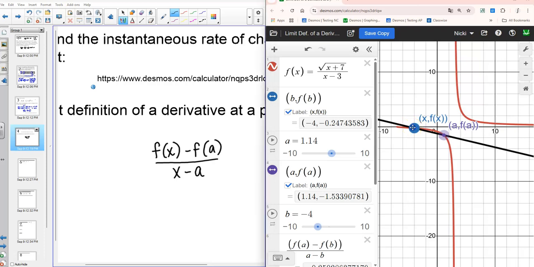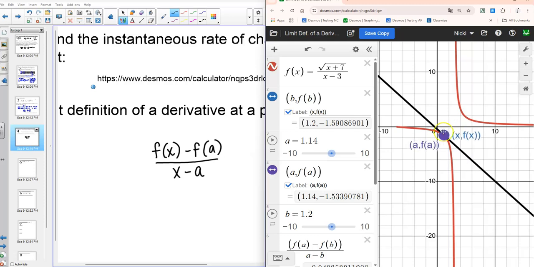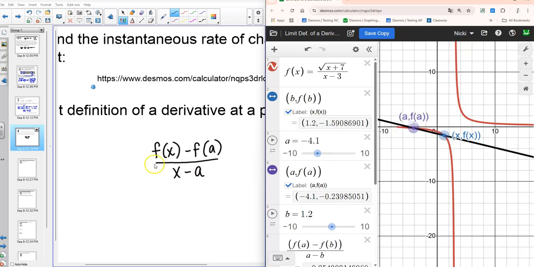But as x approaches the point that we're looking at, the slope gets closer and closer and closer to the slope of the tangent line, right? So if I want to change this from just being average rate of change to being the actual rate of change at that point, what do I need x to do?